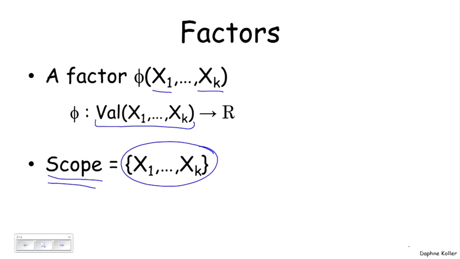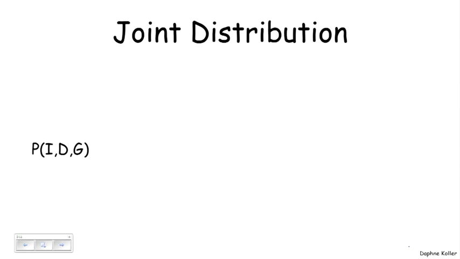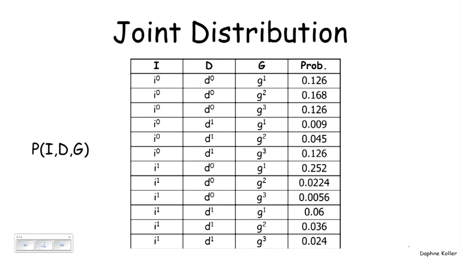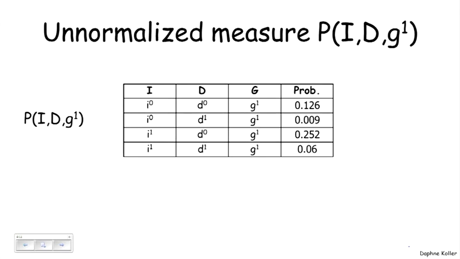Let's look at some examples of factors. We've already seen a joint distribution. A joint distribution is a factor. For every combination, for example, here of the variables I, D, and G, it gives me a number. As it happens, this number is a probability. As it happens, it sums to 1. But that doesn't matter. What's important is that for every combination of values of I, D, and G, I get a number. That's why it's a factor. Here's a different factor. An unnormalized measure is a factor also.